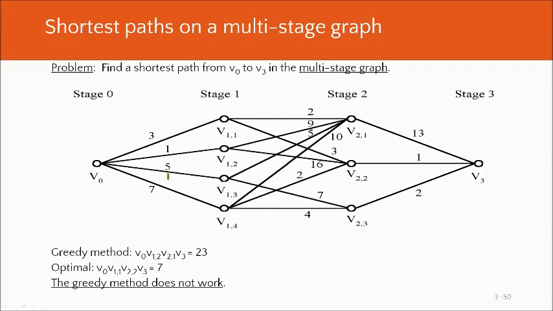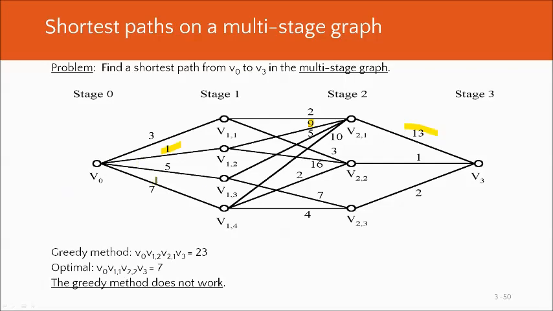From V0, let's try to select 1 since this is the lowest value. And then let's try to select this one, we have the V12. We're just going to compute for this one. We have the 9, and then we have the V21, which is 13. To sum it up, 13 plus 9 is 22.